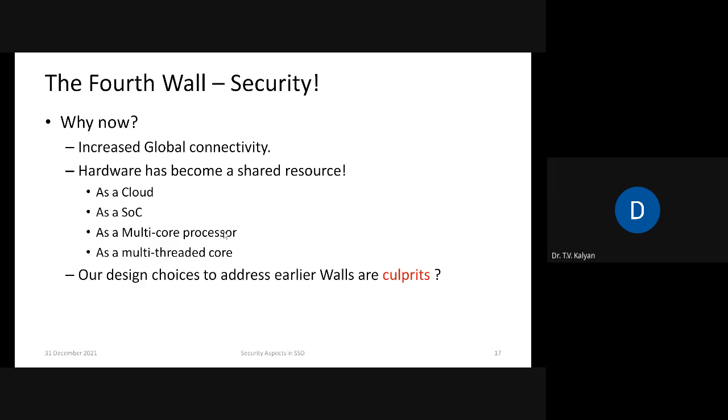So the design choices that we made to address the previous walls have led to the current situation. But does it mean that our approach was wrong? Probably not. But we still need to understand that security is the need of the hour.